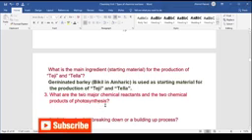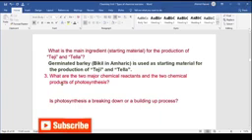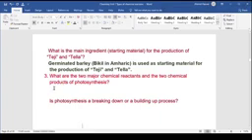What are the two major chemical reactants and two chemical products of photosynthesis? We discussed this in the previous classes, at the beginning of the class. Photosynthesis is the process of conversion of carbon dioxide and water with the absorption of sunlight energy, producing glucose and oxygen.